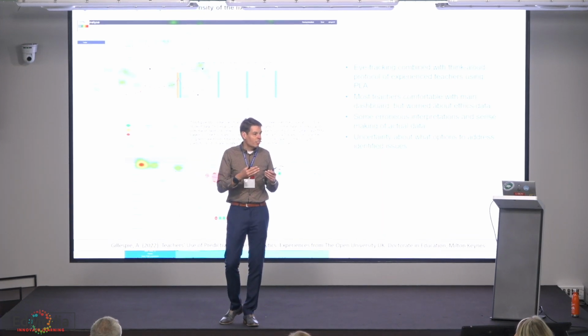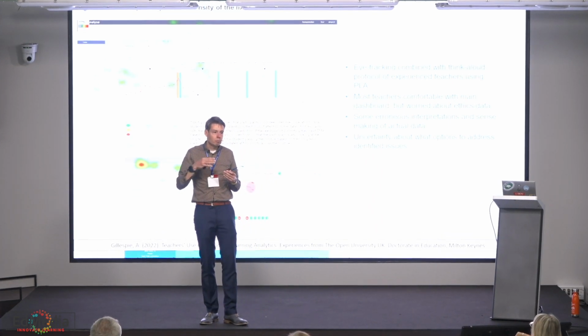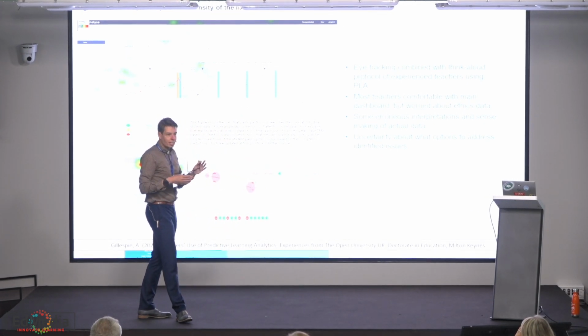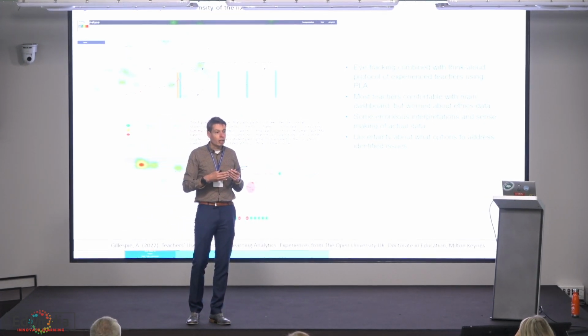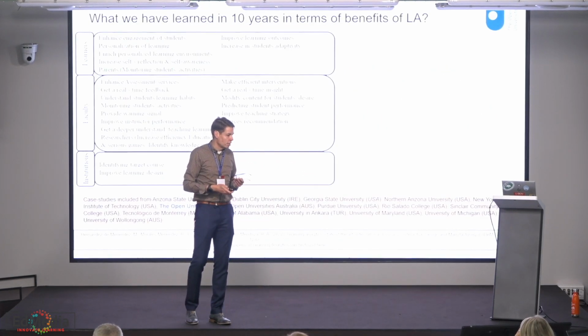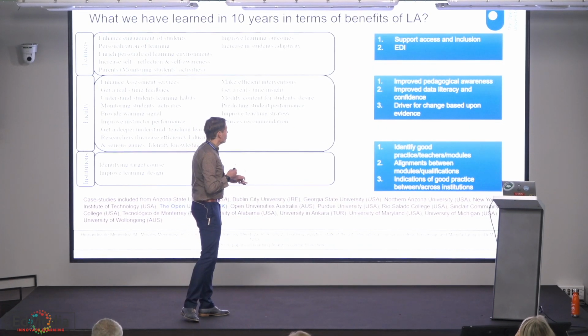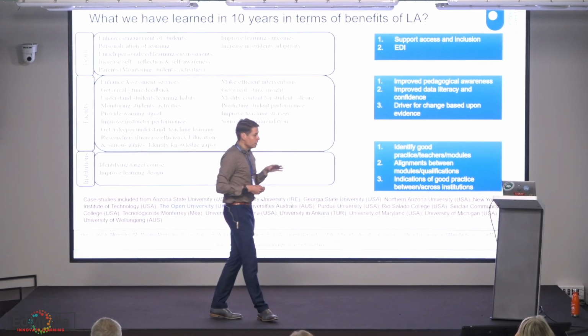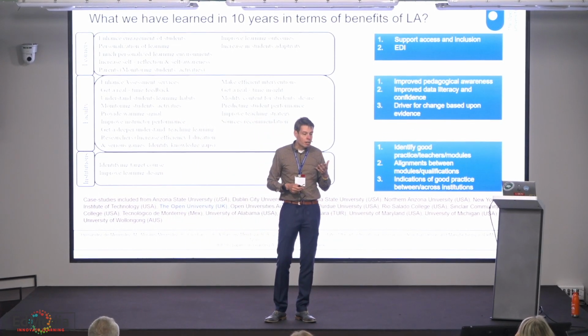And over, I think, the last 15 years, particularly in my role as president of SoLAR, yes, we have to get the technology right, but we also have to make sure that our teachers, our educators and our students are able to work with this. So what we have found, to come back to the Open University, on a student level, the benefits are primarily to raise awareness for accessibility and inclusion.